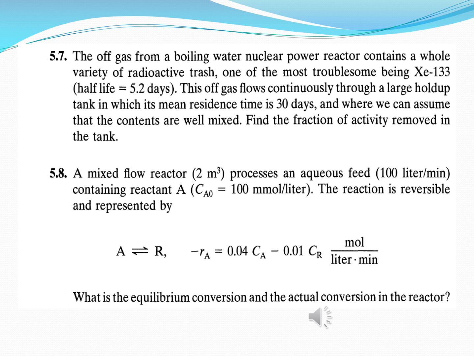The reaction is reversible and is represented by this chemical reaction: A goes to R and then reverse R goes to A, and the rate equation is given as minus rA is equal to 0.04 CA minus 0.01 CR. So the values of k1 and k2 are given. What is the equilibrium conversion XAE and the actual conversion in the reactor?